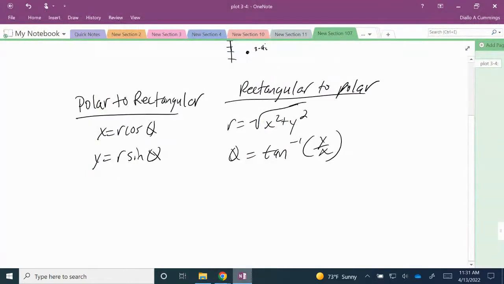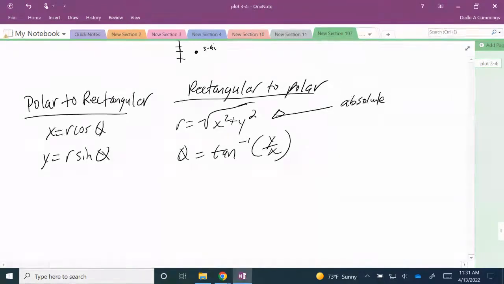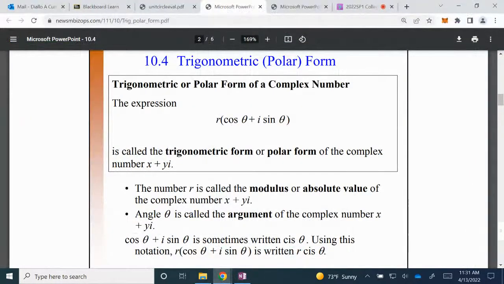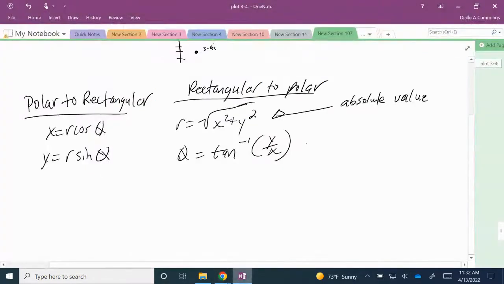The absolute value is r. This is the formula that we're going to use to find r. We can also find the angle theta, which is called the argument. The argument is our angle measure.